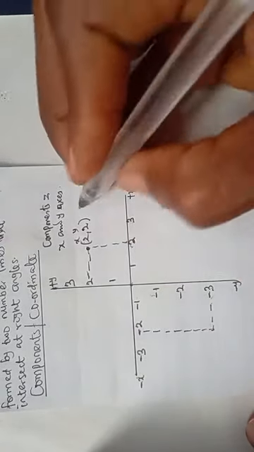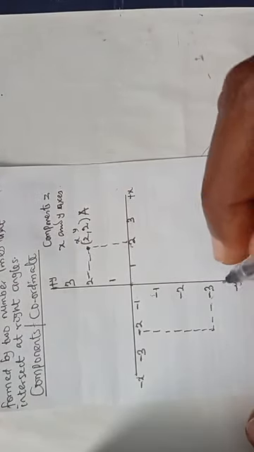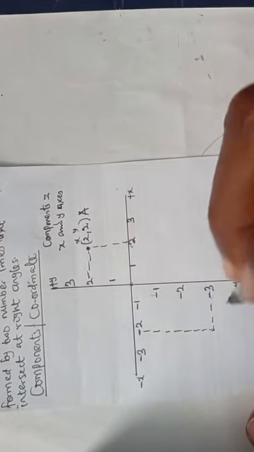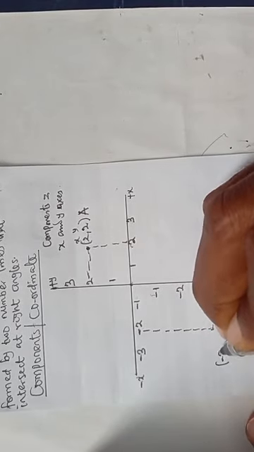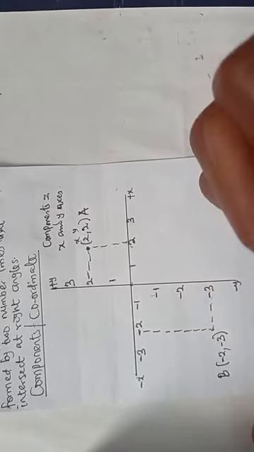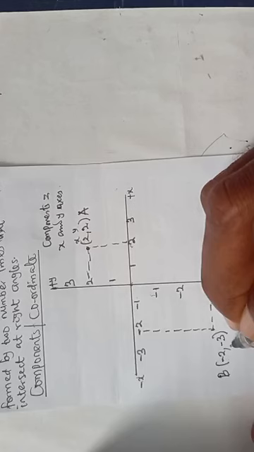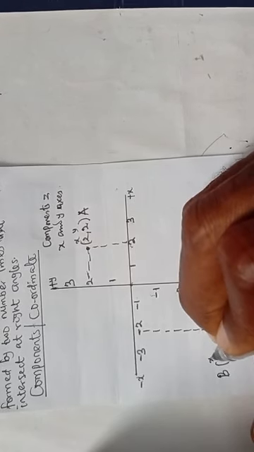I can call this point B. We first put the value of x before the y. So x is minus 2, then y is minus 3. So the coordinates are (minus 2, minus 3): this is my x, and this is my y.